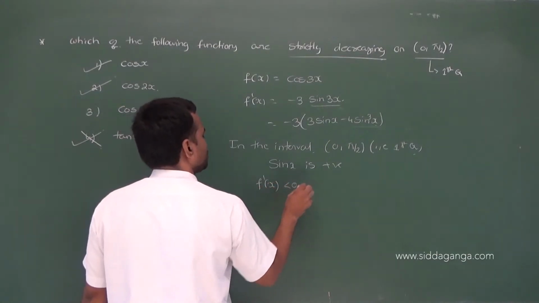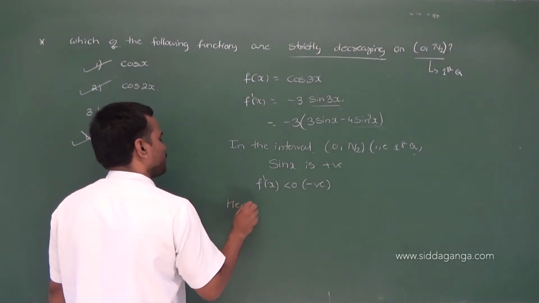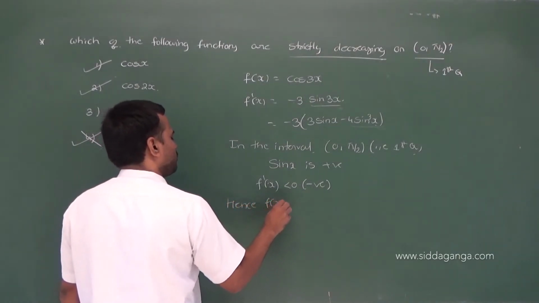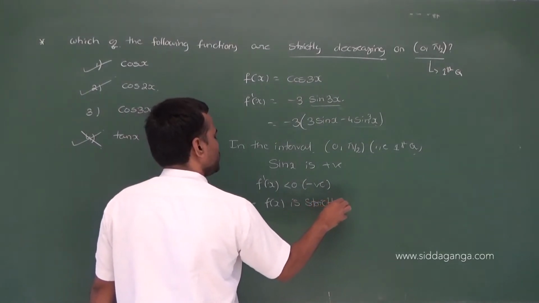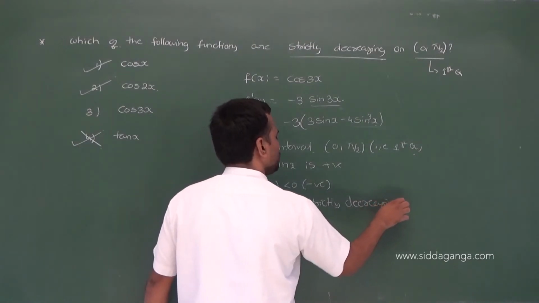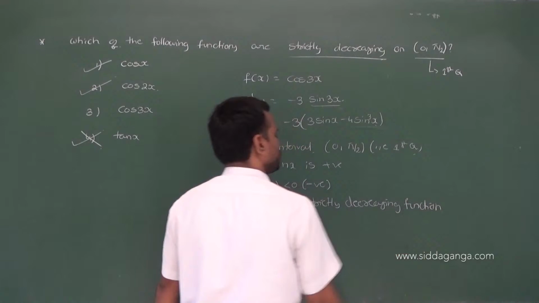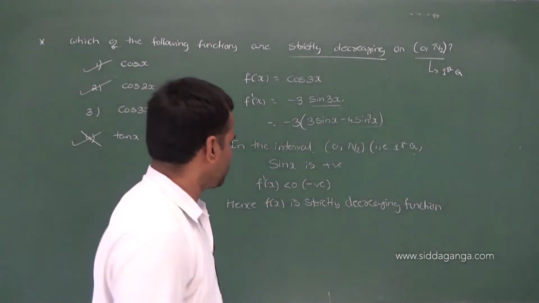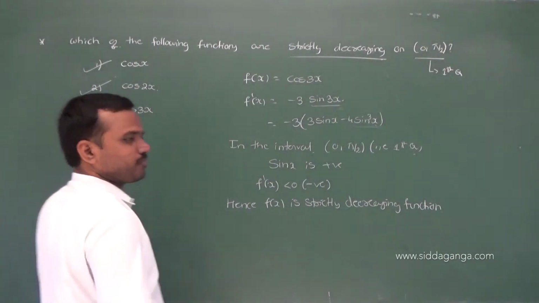So f dash of x is less than 0, that is negative. Hence f of x is a strictly decreasing function. So this one is also true.